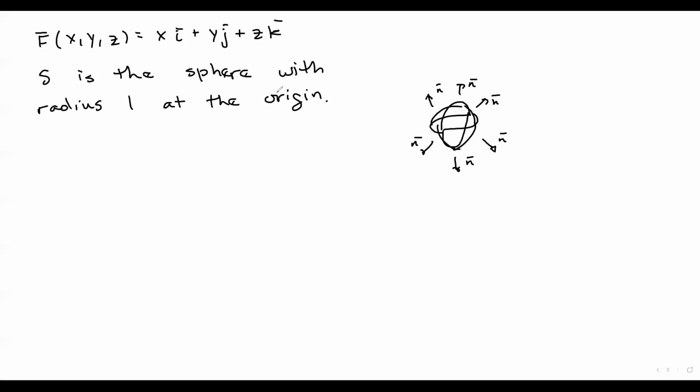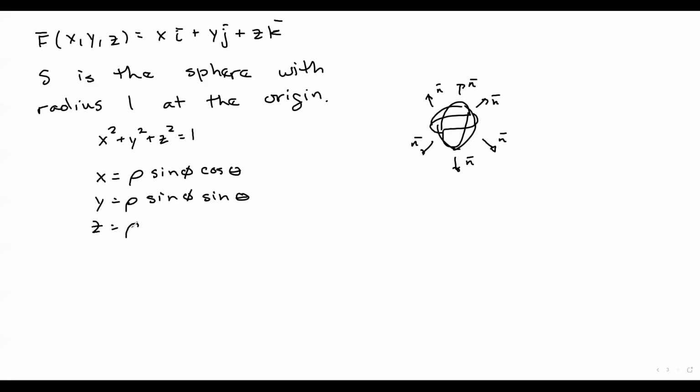All right. If you've got a sphere of radius 1, we know the equation is x squared plus y squared plus z squared equals 1. If we want to parameterize this surface, it's a sphere, so we use spherical coordinates. So you get x equals rho sine phi cosine theta, y equals rho sine phi sine theta, and z equals rho cosine phi.